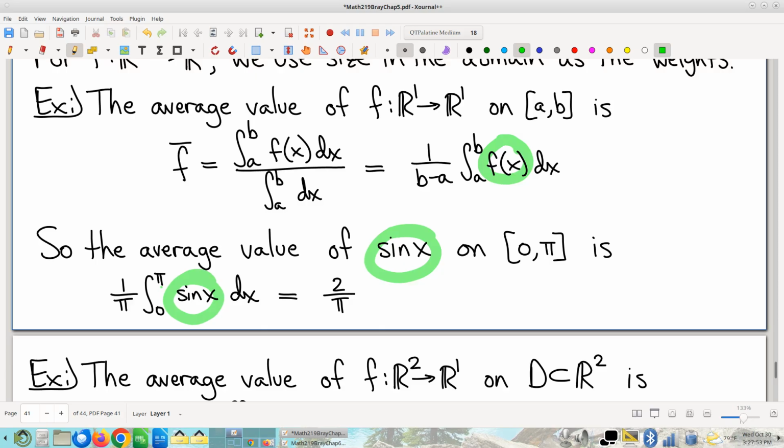Well, that's your f, so that goes there. From 0 to pi gives you the bounds. It also tells you how to find this denominator as the difference. It's just plug and chug, and y'all can fill in the blanks on that computation. You get 2 over pi, as it turns out. Okay, everybody buy it? Cool.